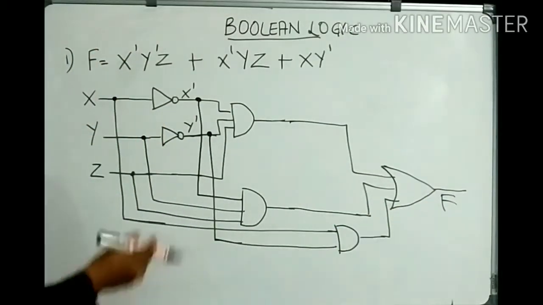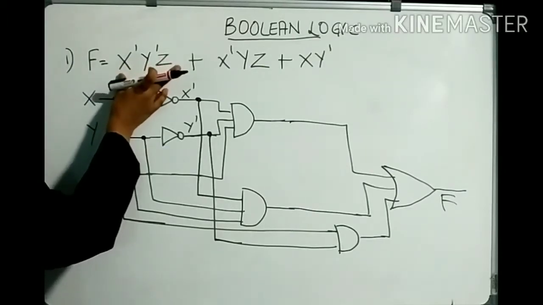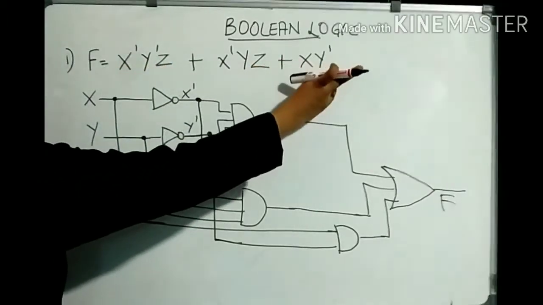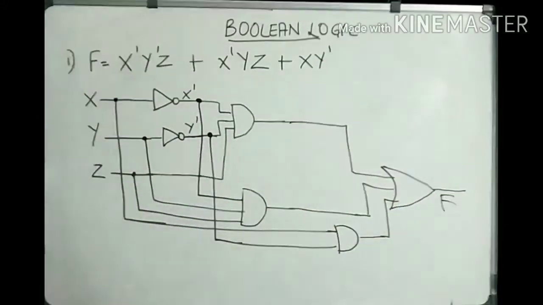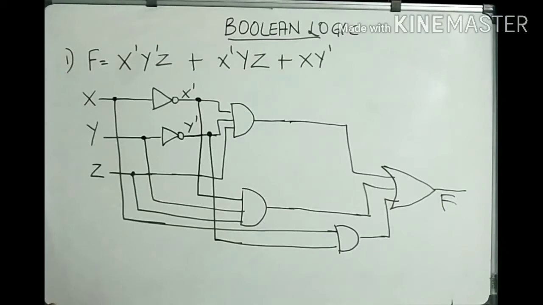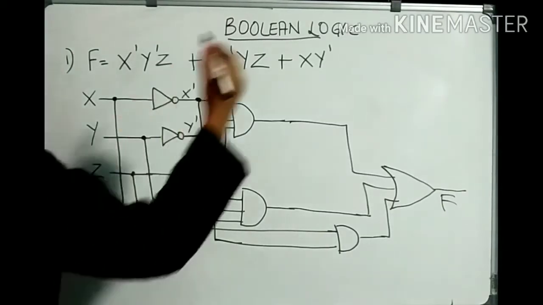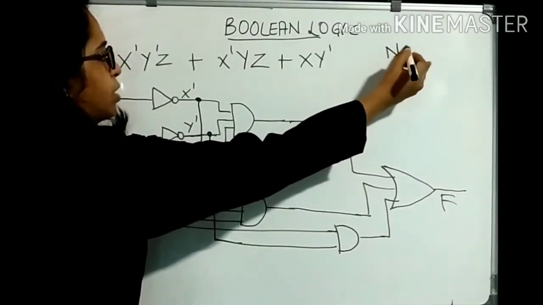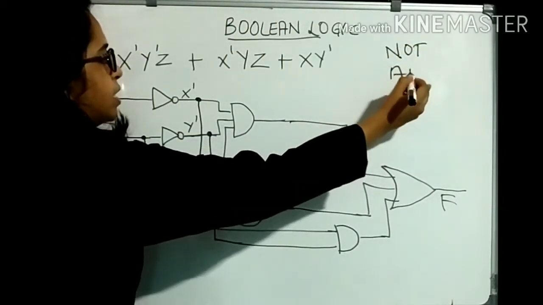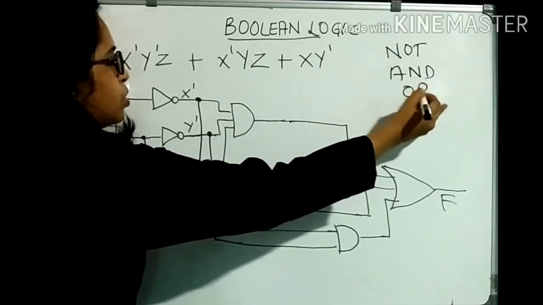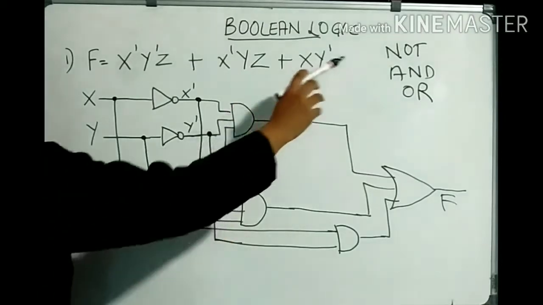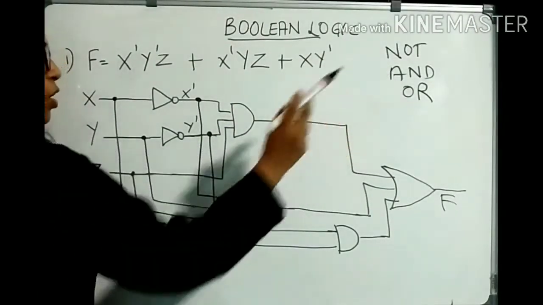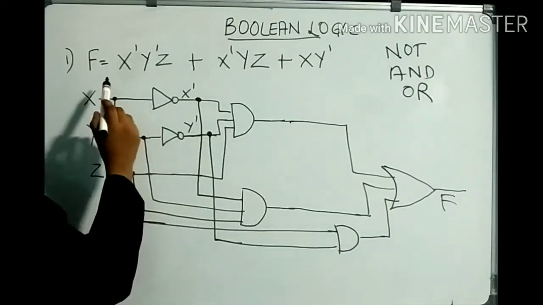Now why did I make a subdivision? First we perform this, then this, then this, and finally the OR operation. Why did I do that? This is because we have to follow the precedence: first NOT, then AND, and finally OR. This is the priority of operators.